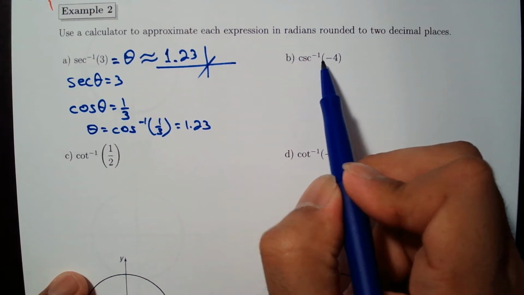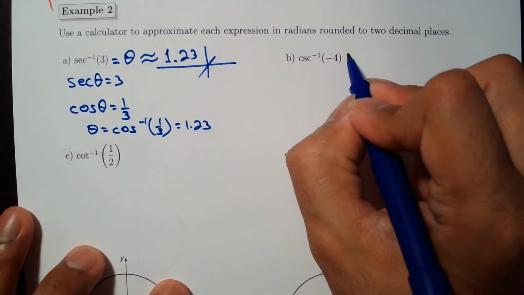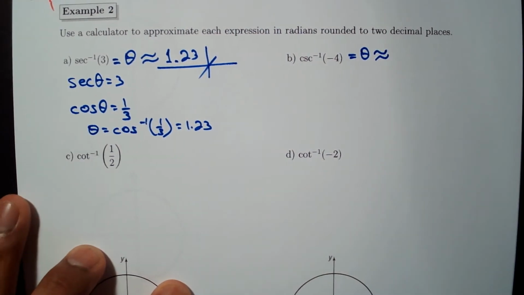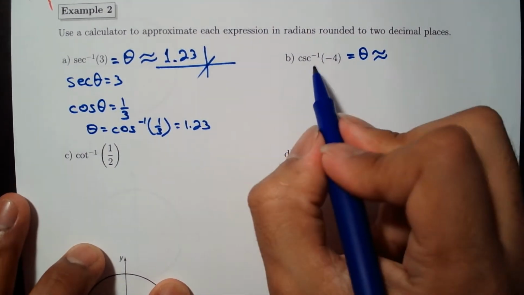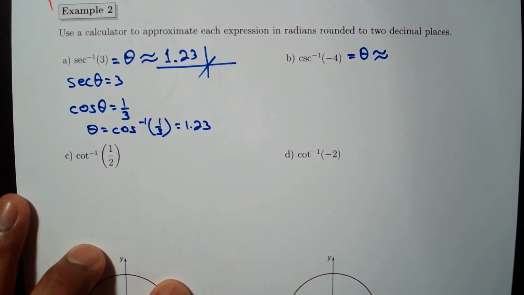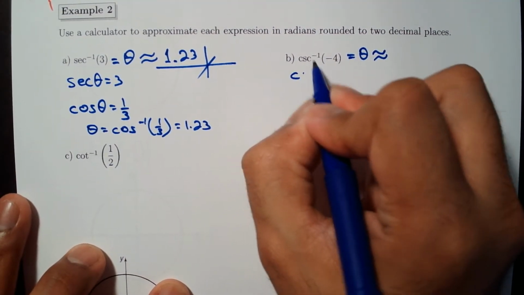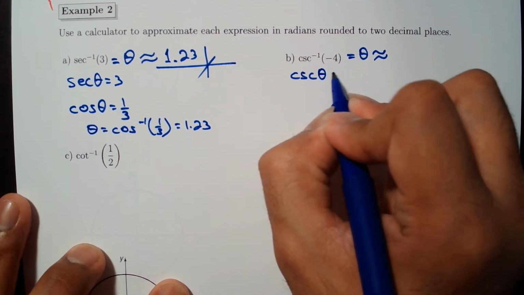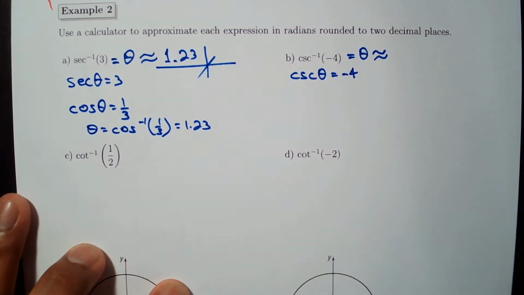Letter B, cosecant inverse of -4. This is going to be some angle in radians, whatever that is. We will approximate it to 2 decimal places. Using the inverse function properties, this can be rewritten as cosecant theta equals -4.